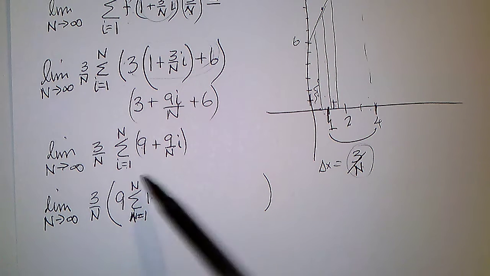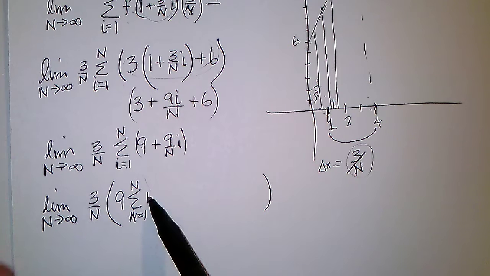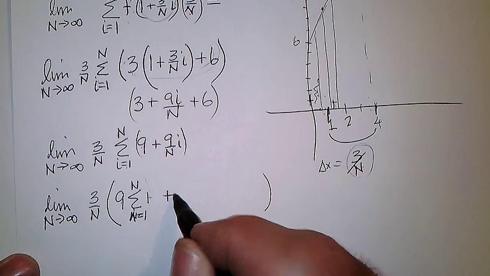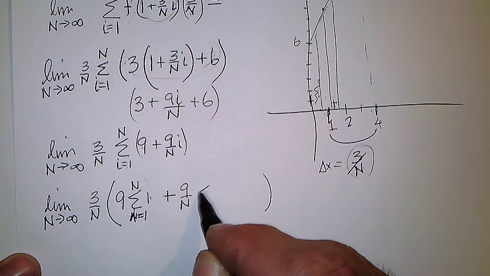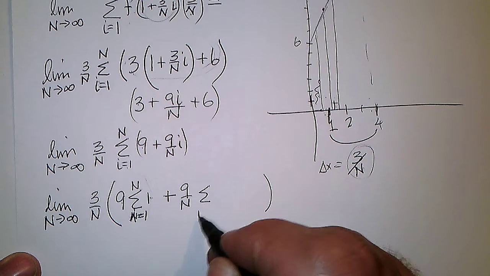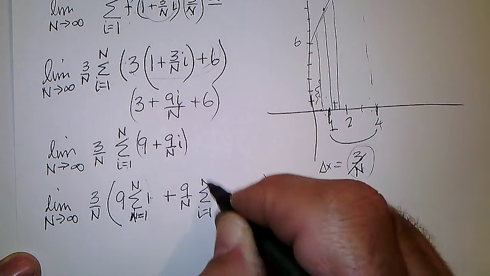And that's going to be just n, and n ones added is n. Plus, I'm going to factor out the 9 over n, and I'm going to have the sum as i goes from 1 to n of i.